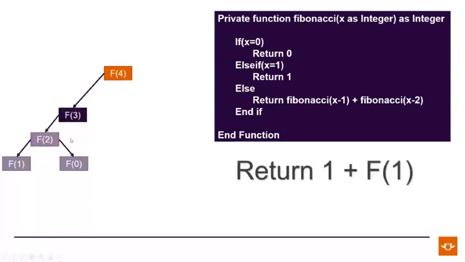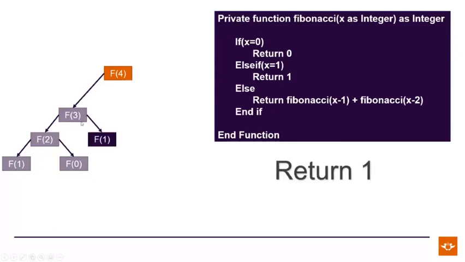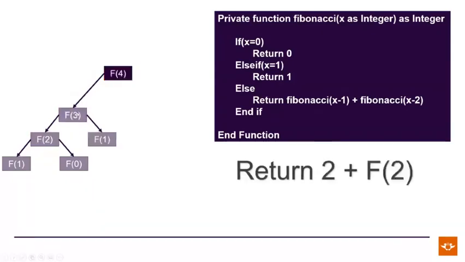Okay, then we return up, and we get 1 plus f of 1, which gives us 2. So f of 3 is 2. So going down the rabbit hole almost for f of 3, Fibonacci of 3, we get the value of 2.